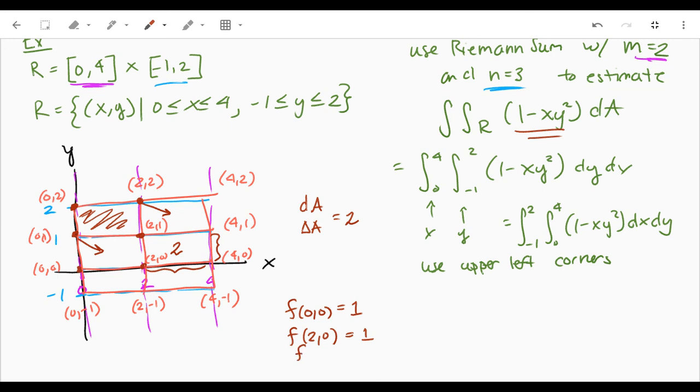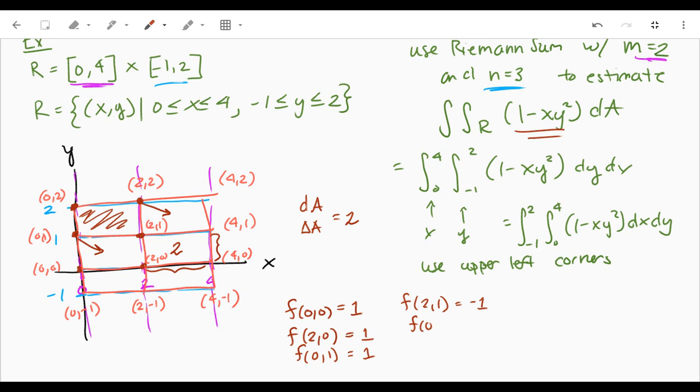Okay, and then f of 0, 1 would also be 1. We're going to have a lot of 1s, right, because of that 0. F of 2, 1 would be -1, right? Because x is 2, y is 1, that makes sense.